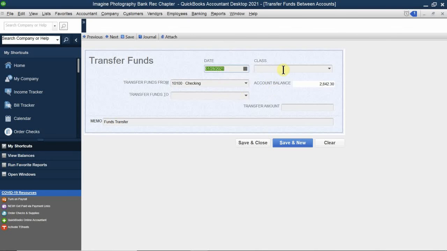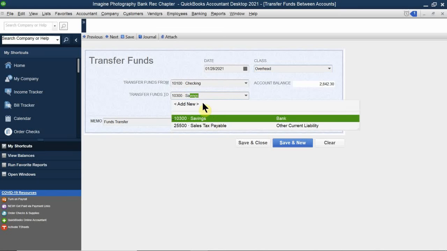Is there a class that you put in here? In this case, this doesn't affect any of the stores, San Jose or the Walnut Creek. So what we have here is overhead, where it affects both companies. I want to transfer money from my checking account to my savings account.